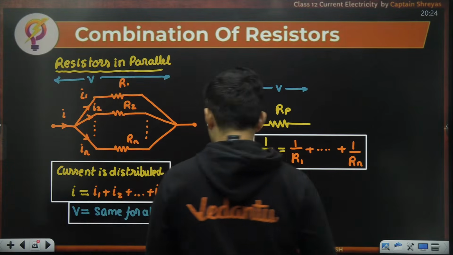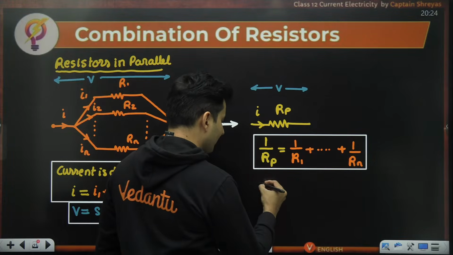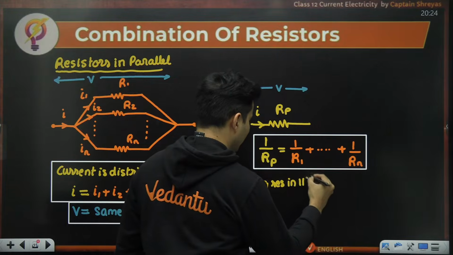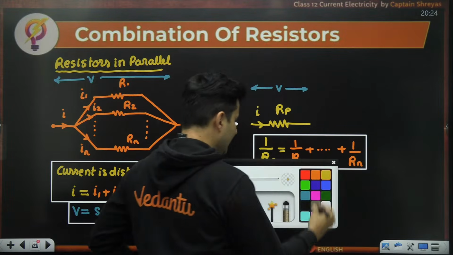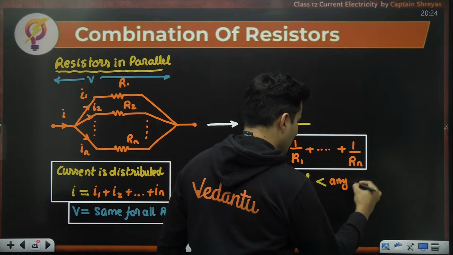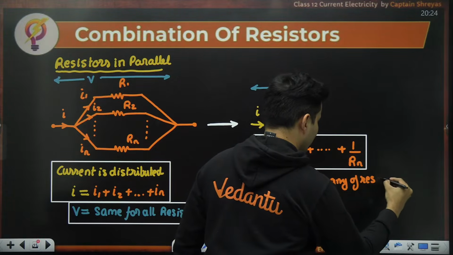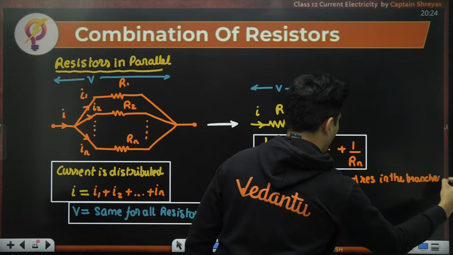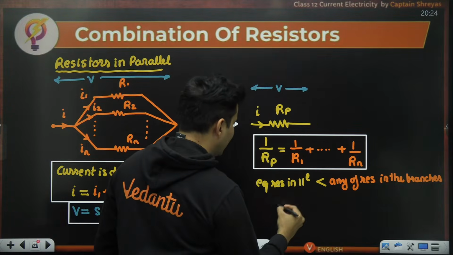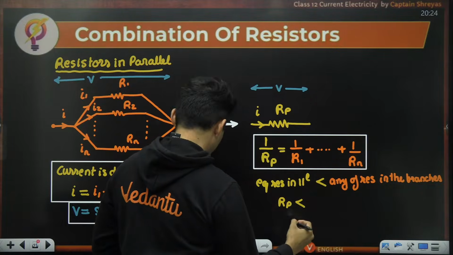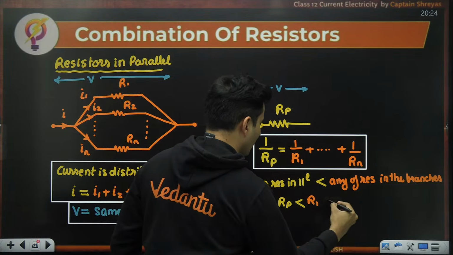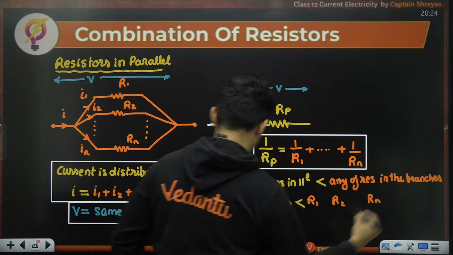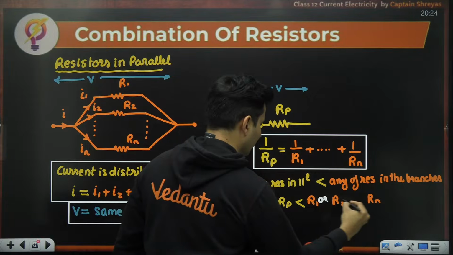One important thing is the equivalent resistance in parallel is always less than any of the resistors in any of the branches, meaning that this particular Rp is less than either R1 or R2 or R3 or Rn, any of them, if you take.